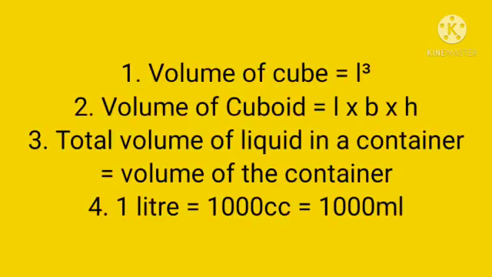Remember, the volume of a cube is equal to L cube. The volume of a cuboid is equal to length multiplied by breadth multiplied by height. The total volume of liquid in a container is equal to the volume of the container. 1 liter is equal to 1000 cubic centimeter, which is equal to 1000 milliliter.